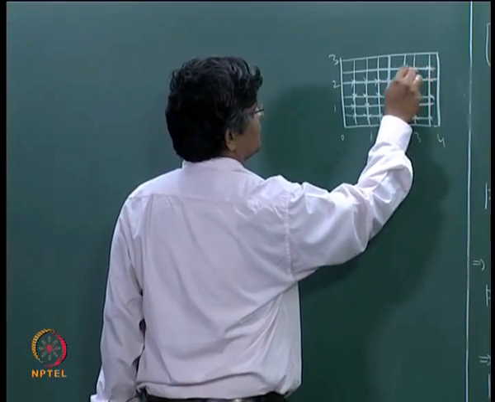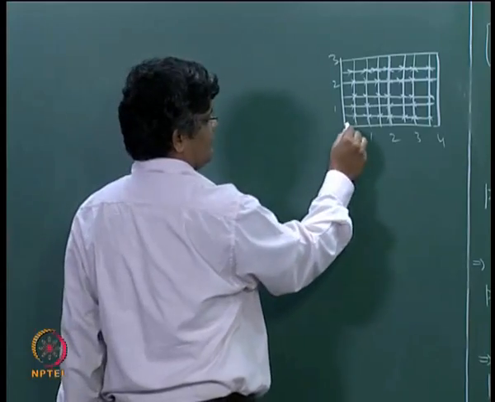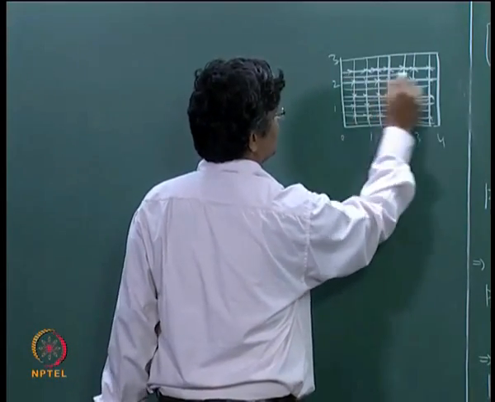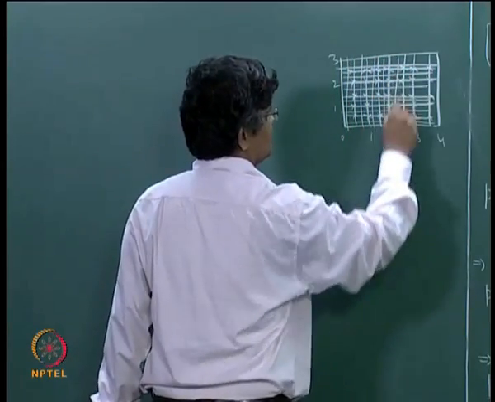So now the unknowns are as many as this, and we can make it even more by further subdividing in this way and in this way.